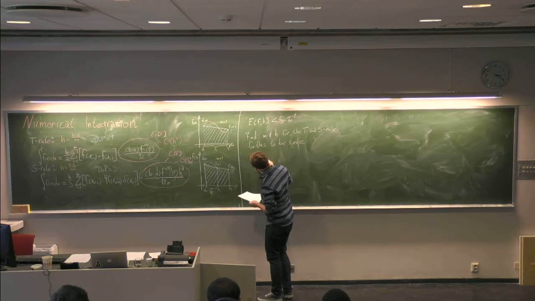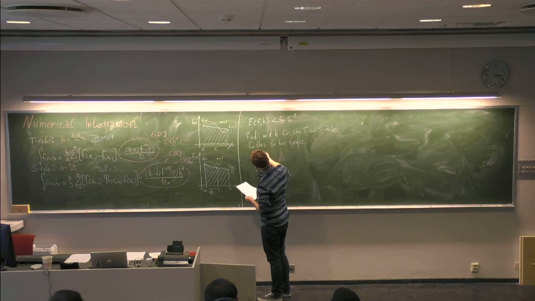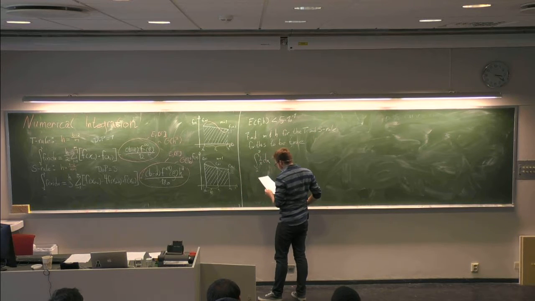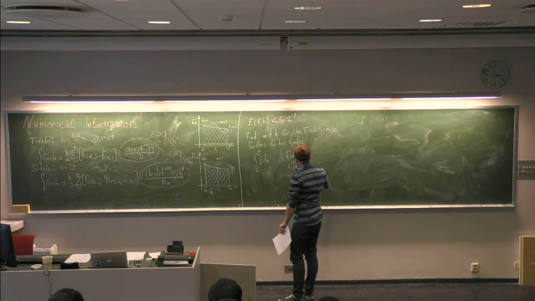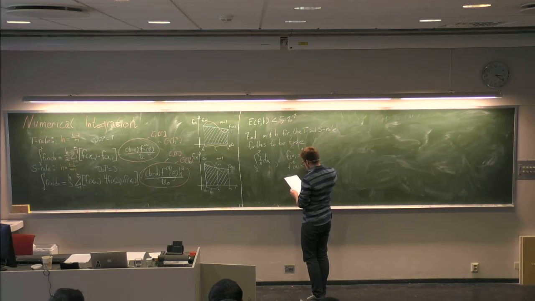So we're going to look at the integral from 2 to 7 of 1 over x dx. What we need then is the derivatives. So we have that f of x is 1 over x, and then the first derivative is going to be minus 1 over x squared.